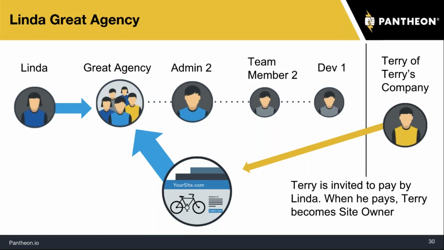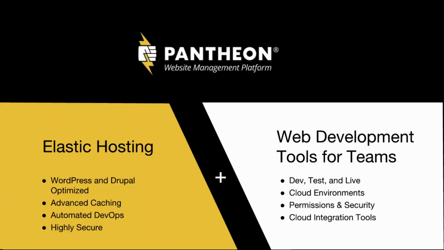But should their contract expire, and Terry wants to keep the site going but break that tie with the great agency, he can easily do so. If he wants to hire on additional agencies to do even more work, adding them in is a simple line under team settings of adding that person or adding that agency in at once as a supporting organization.